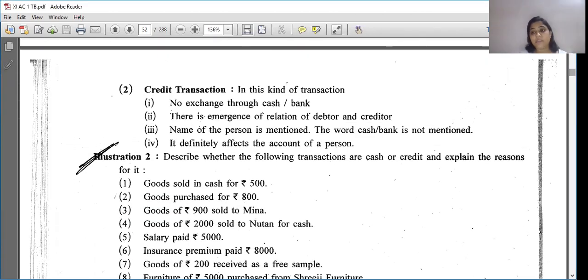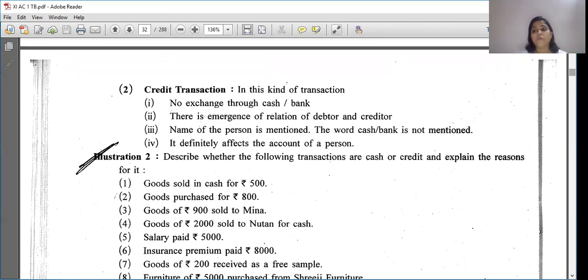Credit transaction I'll start in another lecture. So for right now, you are going to write illustration one on Saturday. Now your writing pattern goes on. If you are not following my instructions, you have to pay for it. In short, I'm not going to give you more time for completion of the book. As soon as I complete the chapters, I will ask you to submit the book.